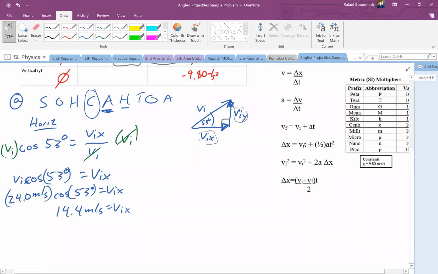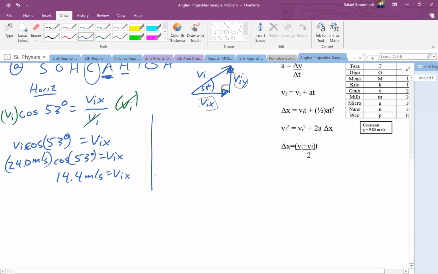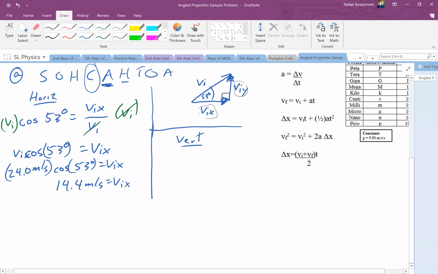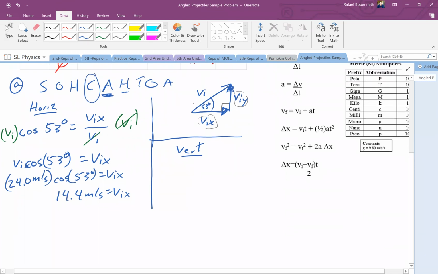Now let's do a similar thing, but for the vertical direction. That was horizontal. Now vertically, what do we have? Vertical is opposite the angle. So opposite, and we also know the hypotenuse. Opposite and hypotenuse looks like sine is the one we have to use here. Sine of 53 degrees equals VIY over VI.